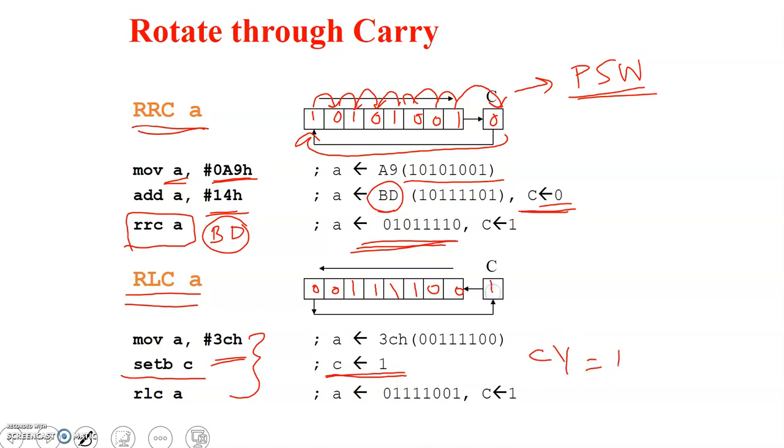So this is 1. Now I am rotating each of the bits to the left. This carry will move here, and this 0 will move here, and this here, and so on. And the most significant bit will take the position of the carry. So this will be the result.